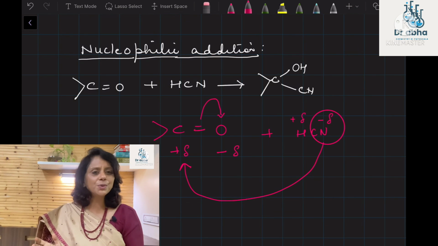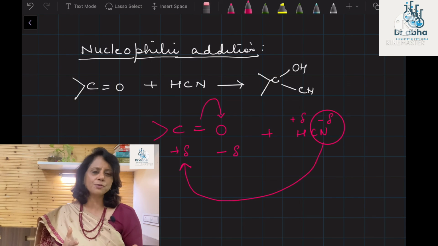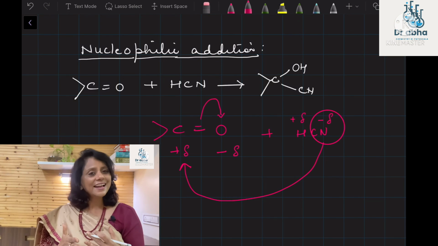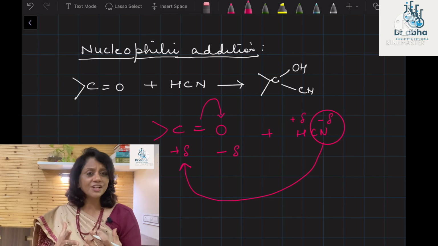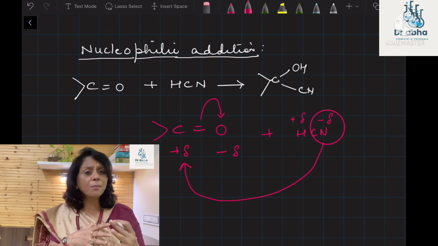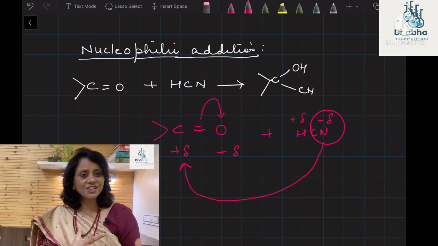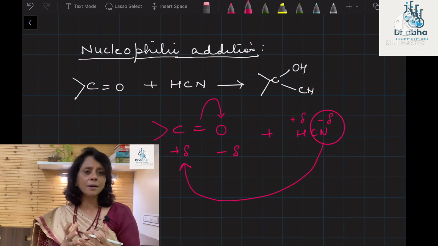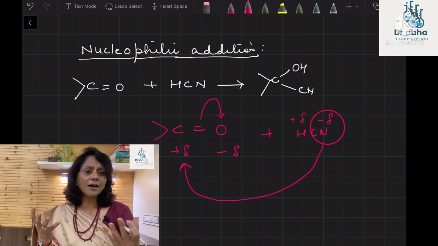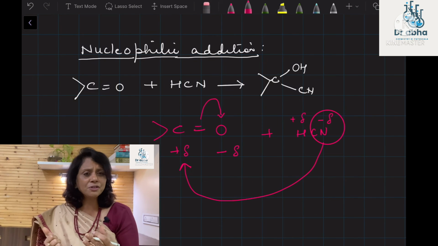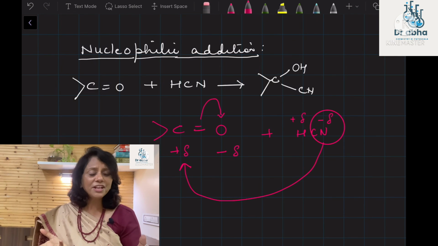So I have tried to pick up all the major types of reactions, that is addition, elimination and substitution. Whenever you look at a reaction in organic chemistry, before you jump to any conclusion, do find out what type of reaction it is, or if you have to make a compound undergo a reaction, do find out. For example, if a halide is given to you, definitely a halide will undergo substitution, and a halide will undergo elimination, right?